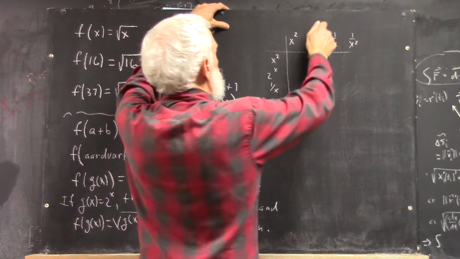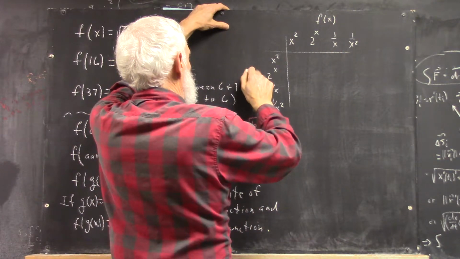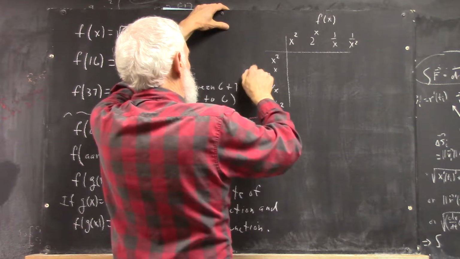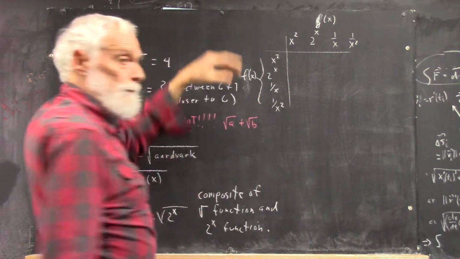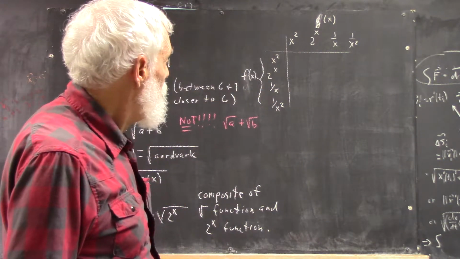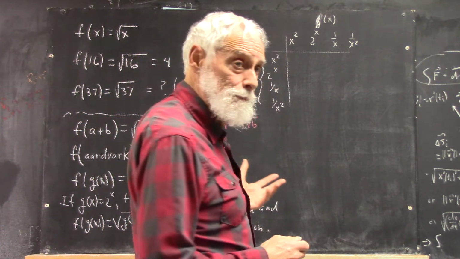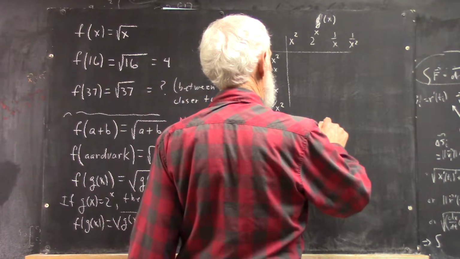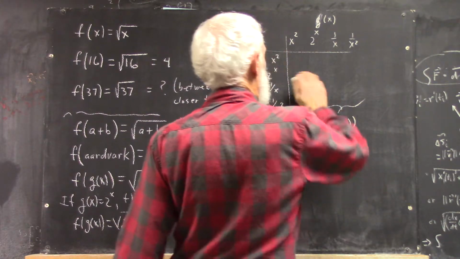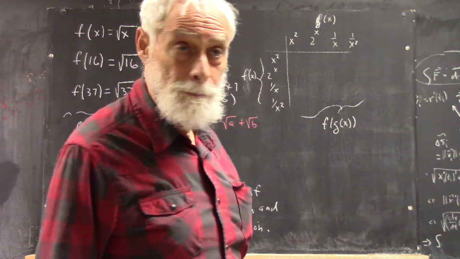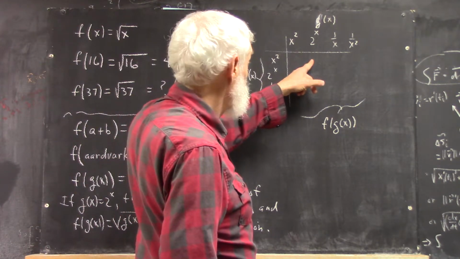So let's say that these are our f of x functions. Let this be the g of x function. So, if we do f of g of x, that's what we're going to put in here. Now, what are we going to put in here for f of g of x?